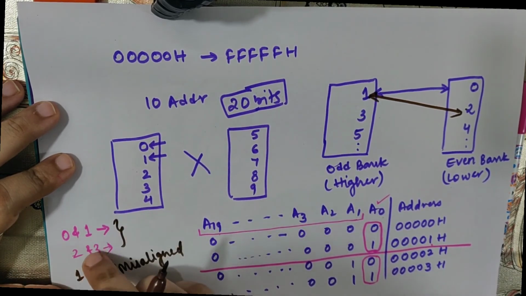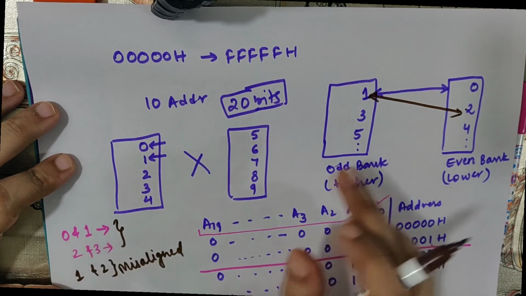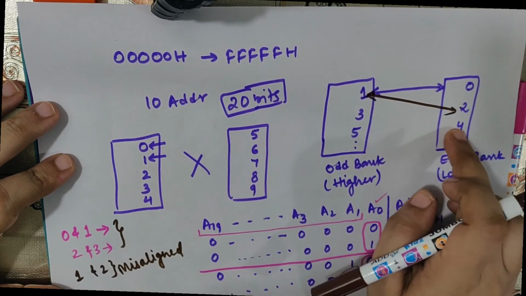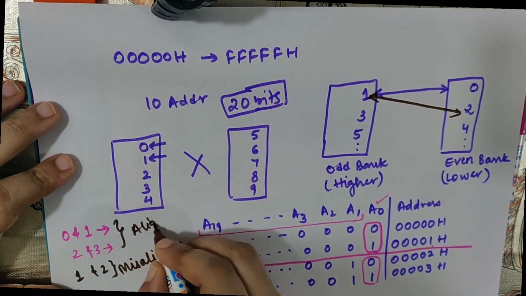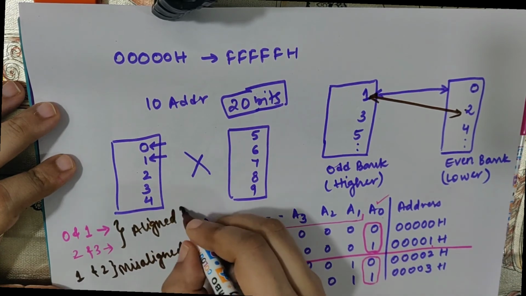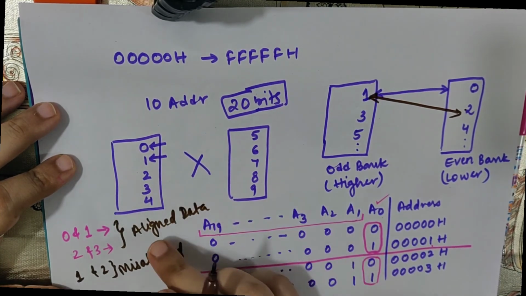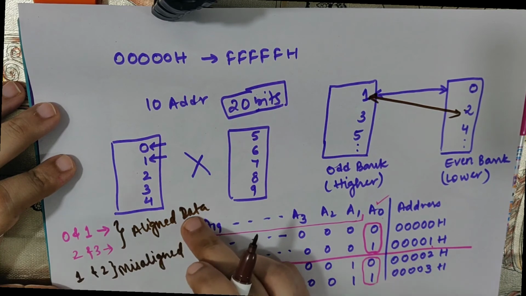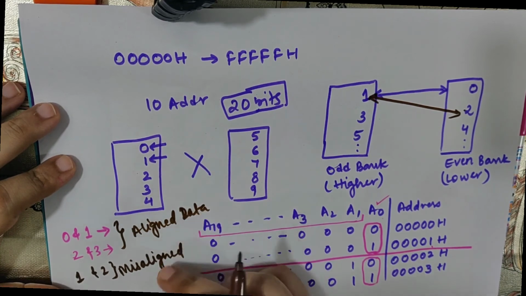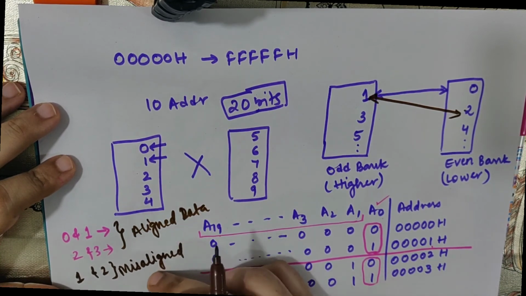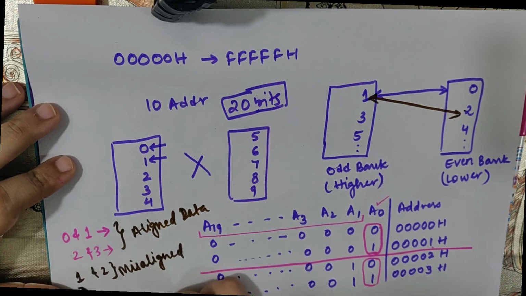And addresses which are consecutive and are at the same level in both the chips are called aligned data. So we can access only aligned data as 16-bit data. We cannot access misaligned data. If we have these kinds of addresses, then we have to go for 8-bit access in one cycle only.